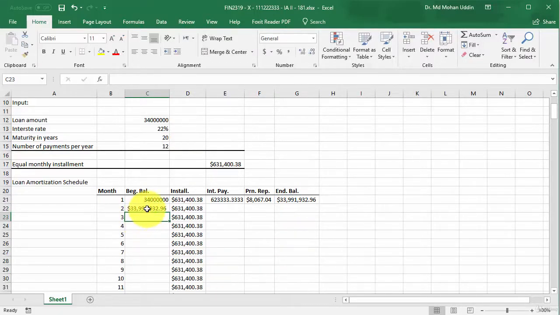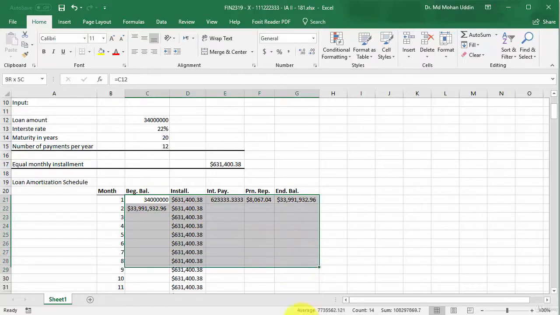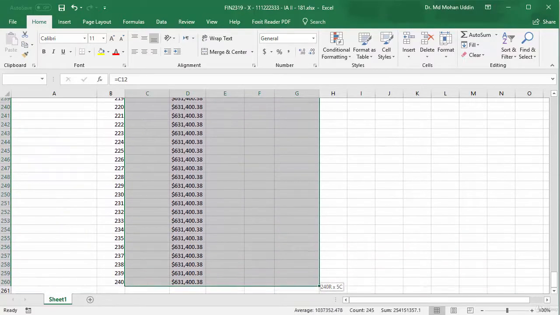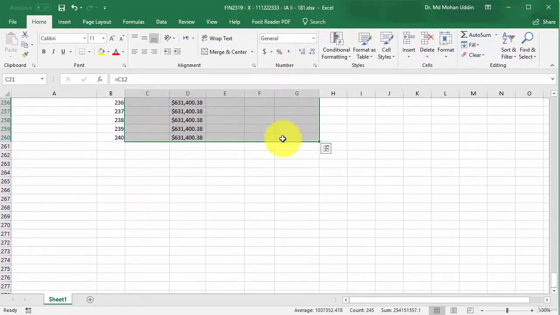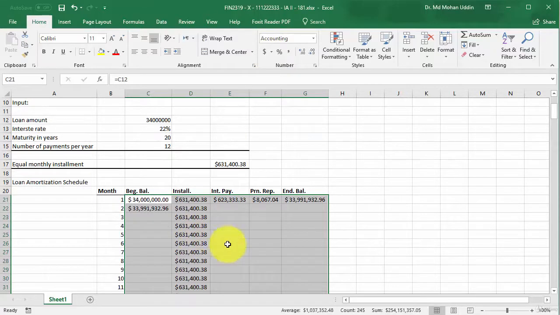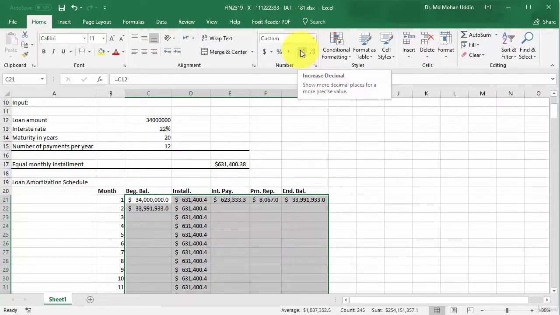So now we have got the amounts. What I prefer is to use a uniform format, so for all of them let me put currency format, and I'm going to reduce the decimals to 1 decimal point, to make it simpler.